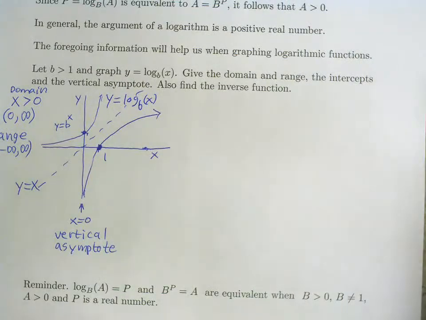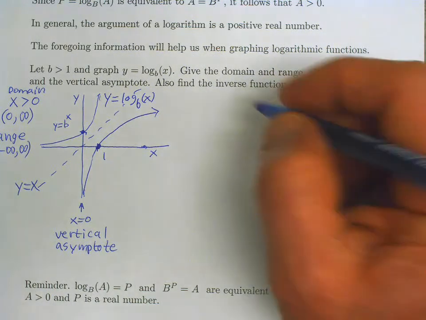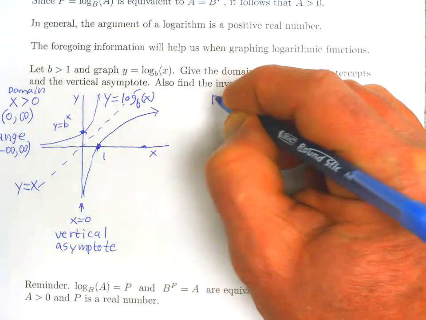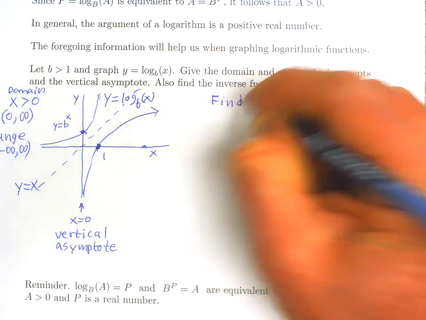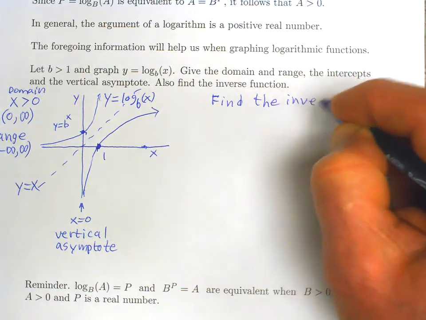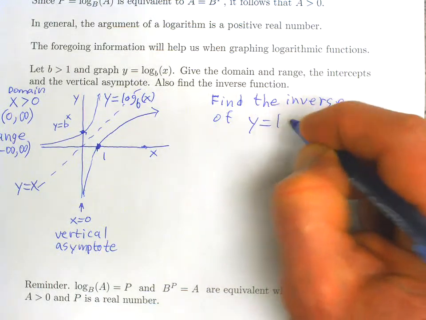Okay, so how do you find the inverse of y equals log base b of x? So we'll do that now. Find the inverse of y equals log base b of x.